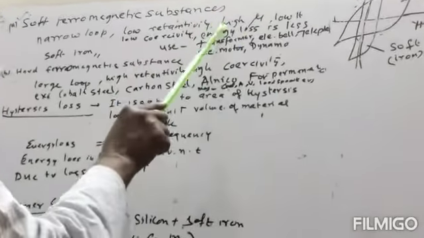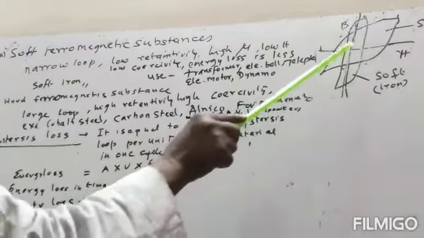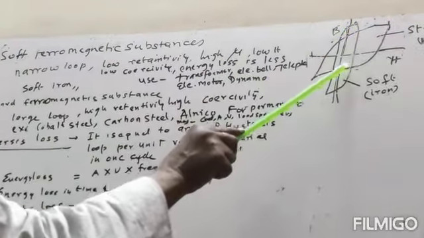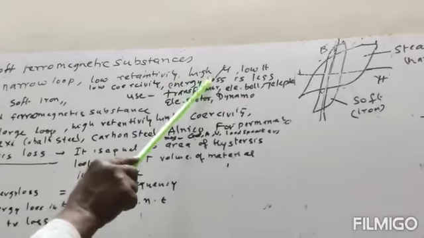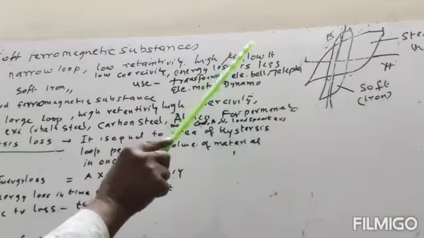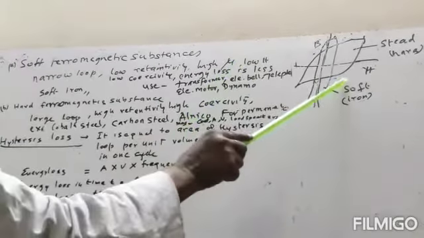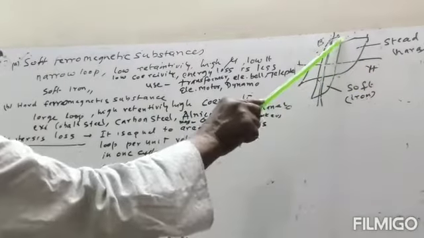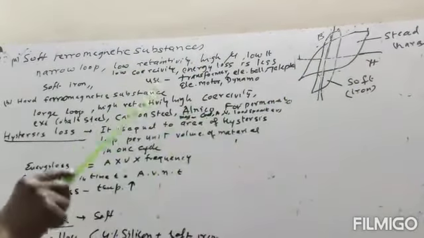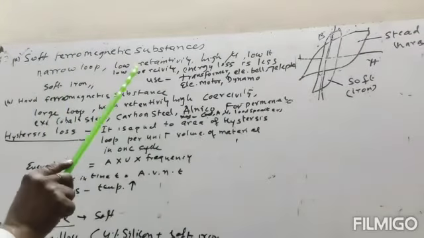Then high mu. So B will be large. For the same, when H is 0, B is large. So the permeability is large at low H, when H is very small and permeability is very large. So these are the characteristics of the soft ferromagnetic substance.